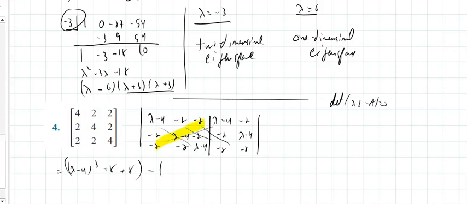Those three, and those three. So that would be, let's see, 4 into lambda minus 2 plus 4 into lambda minus 4, not minus 2.